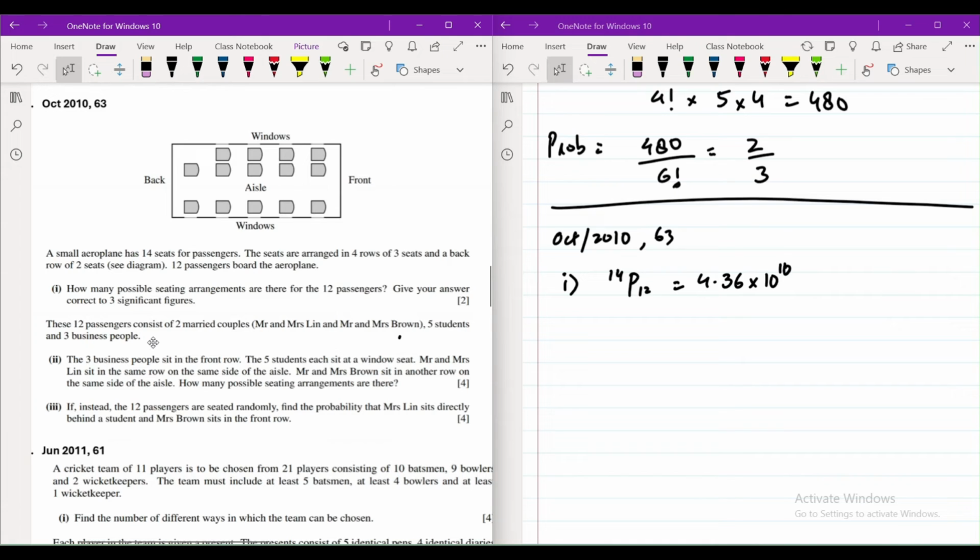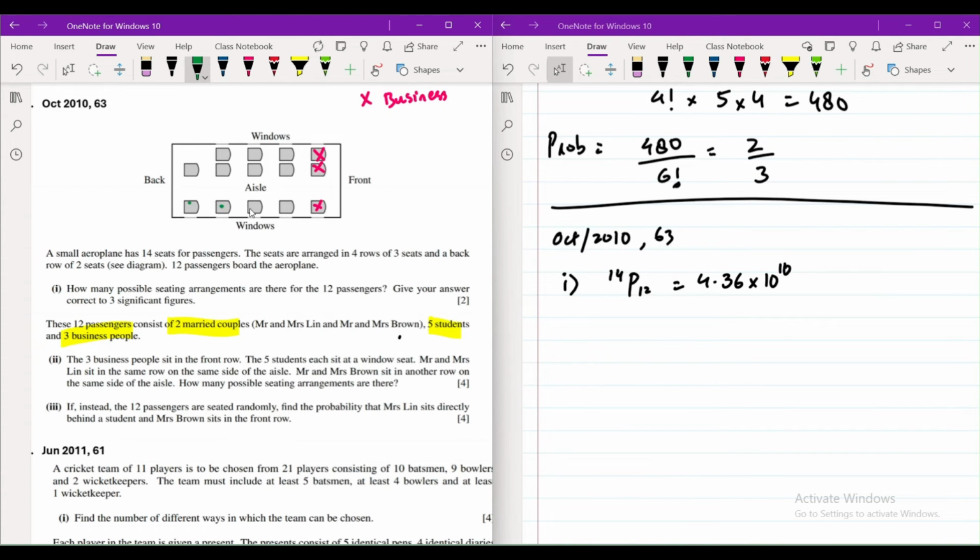These 12 passengers consist of 2 married couples, Mr. and Mrs. Lane, Mr. and Mrs. Brown, 5 students, and 3 business people. The 3 business people sit in the front row. So that means these are the business people. 5 students each sit at a window seat.